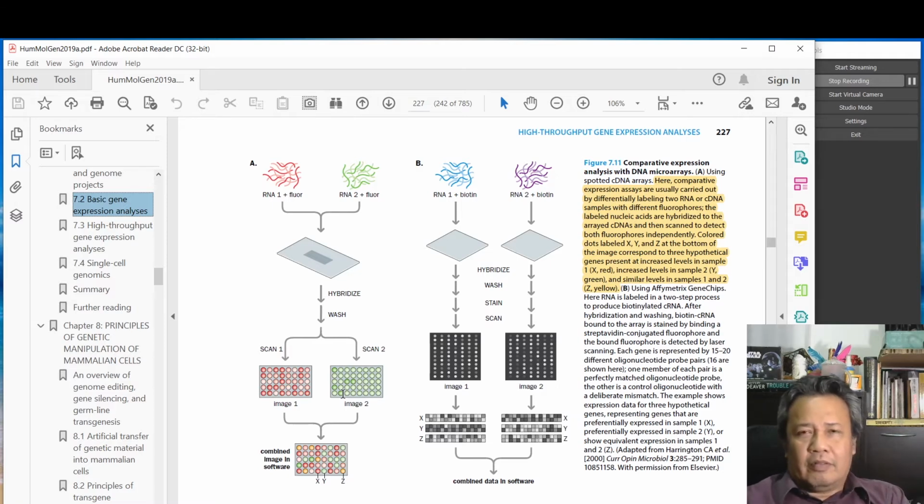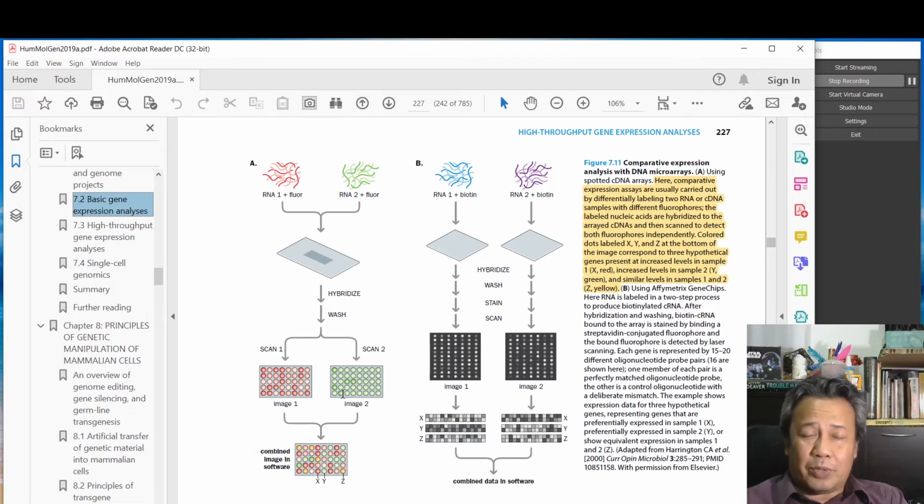If after overlapping these two sequences you only see red, this signal means that this gene is expressed in the normal cells but not in the cancer cells. If you see a signal that is green, that means this is the gene expressed in the cancer cells and not in the normal cells.